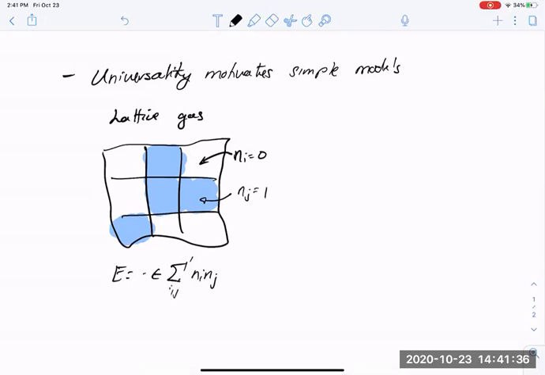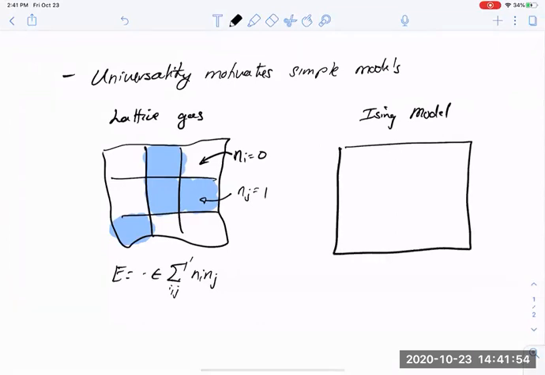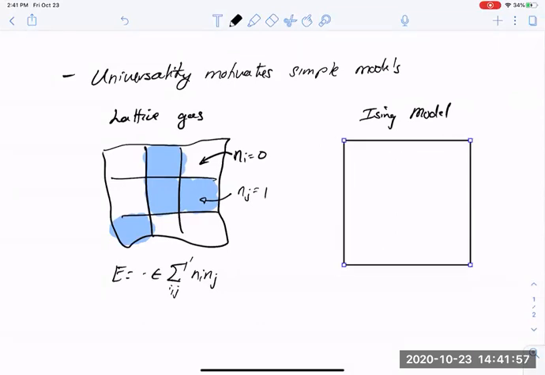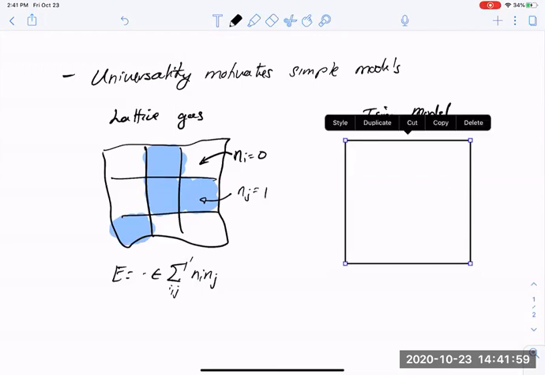And I can imagine that those interactions are short range, so that the sum contains only nearest neighbor interactions. This should be compared to our simple model for a magnet, the so-called Ising model, which also lives on a lattice. But in that lattice, there are spins that either point up or down.